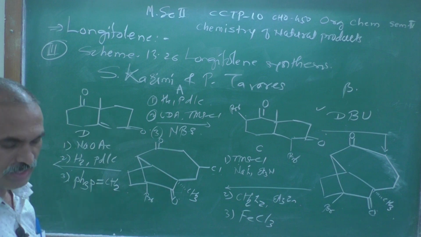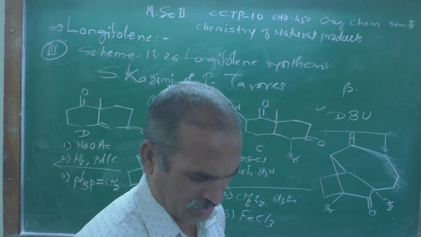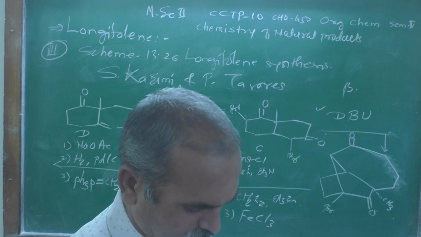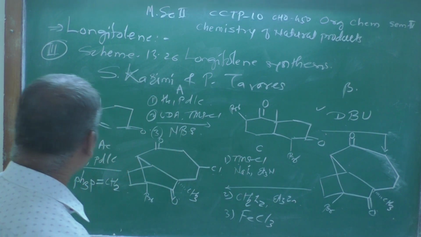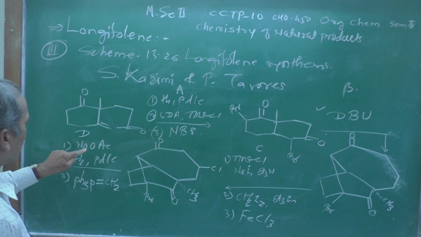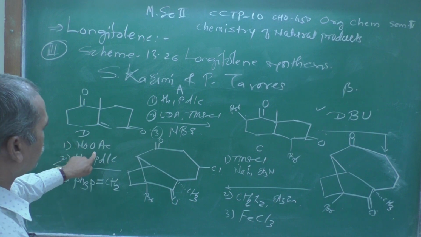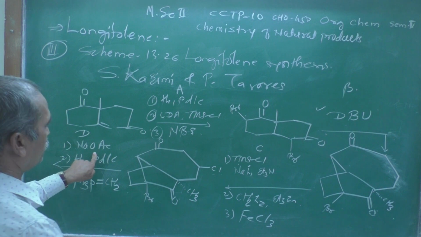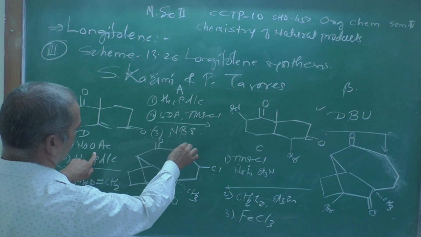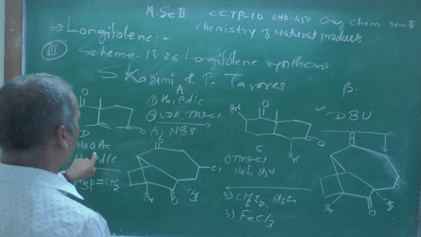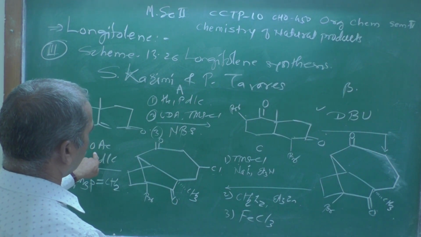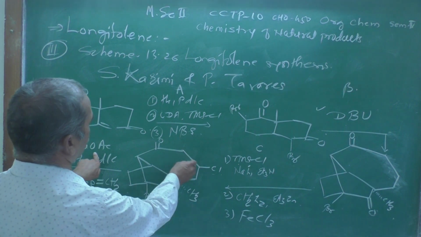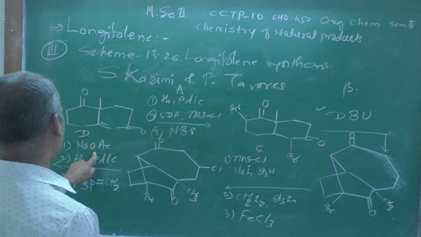See over here once again. After adding all these things, what are you going to get? Sodium acetate is a base. It will remove the proton from here, and then a double bond will be formed over there.